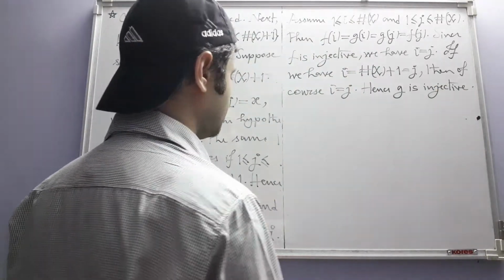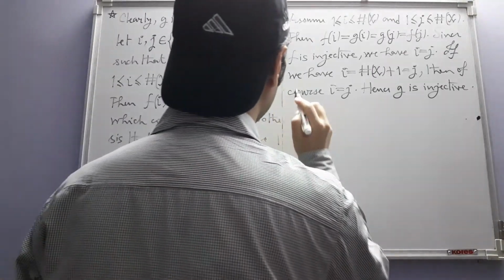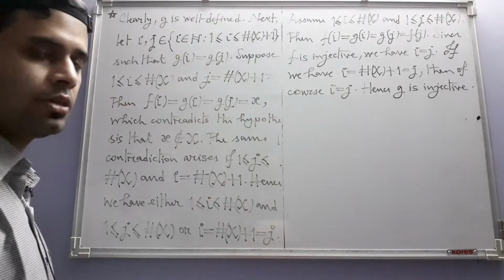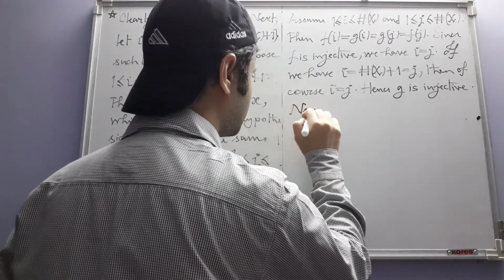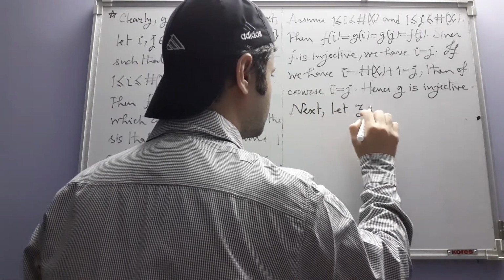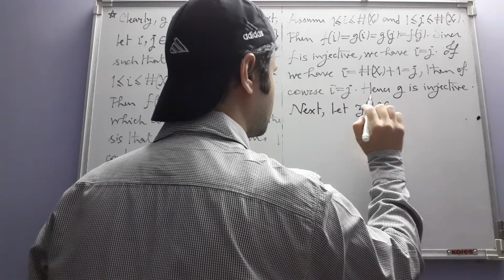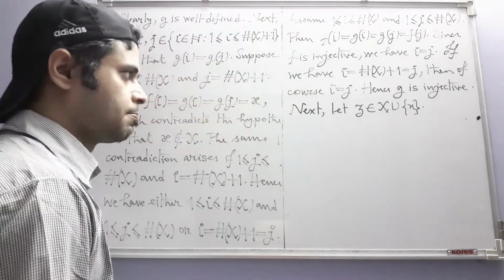Now next we show that g is surjective. So we take any element in the range of g. Next, let z be any element here.